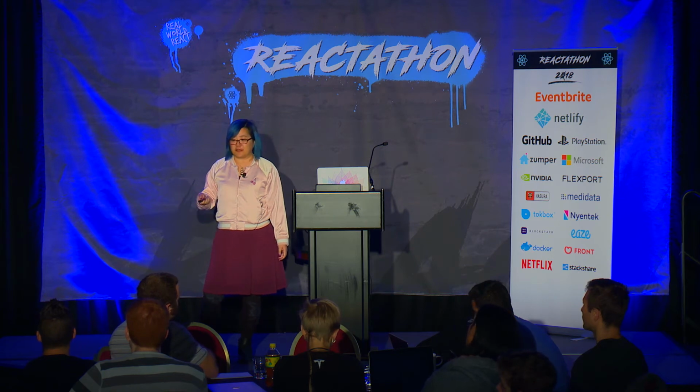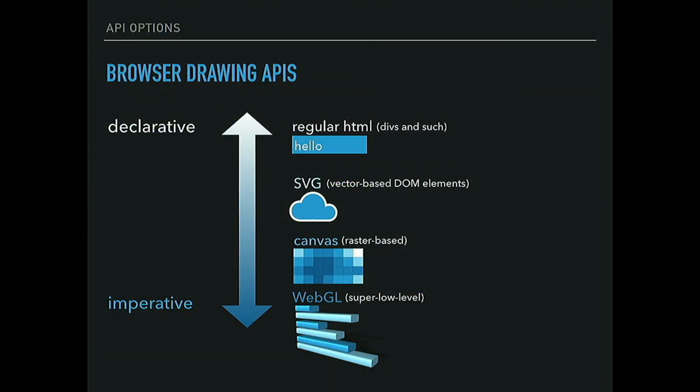So the browser drawing APIs range from very declarative, using very semantic, human-friendly language, down to very imperative, more low-level, command-driven, and powerful and performant. So starting from regular HTML, it's very semantic. A lot of React users will be familiar with it.